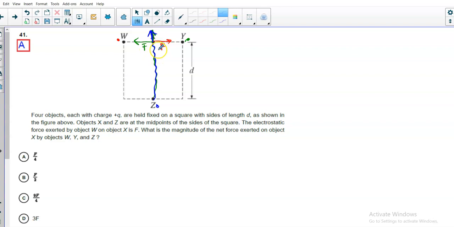So if it's double the distance, that goes in the bottom and gets squared. So that's going to be a fourth of F. And since the W and Y cancel out, all there is is Z. So I would go with A in this case. Yeah, double the distance, cut the force down to a quarter of what it was.